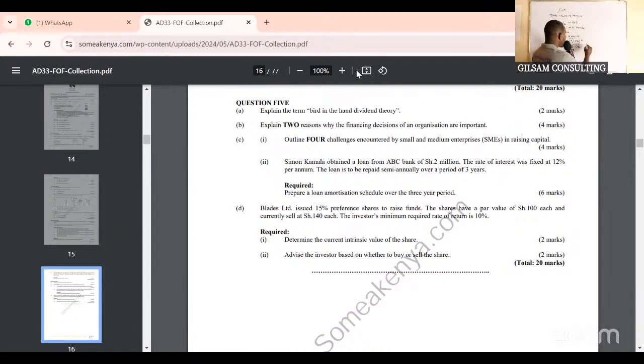This one is giving us 4.9173, and then you take 2 million and divide by 4.9173.